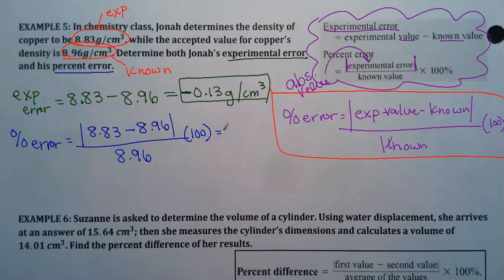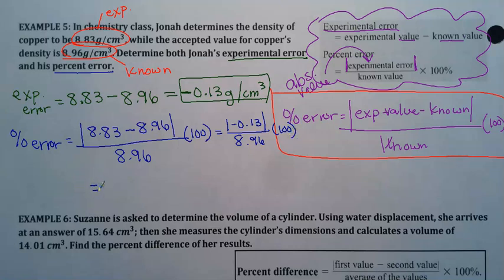All right. So wait a minute. Didn't we already do this math? 8.83 minus 8.96? Didn't we just do that? Okay. So we know that that's the absolute value of negative 0.13 divided by 8.96 times 100, if I'm writing it all out there.